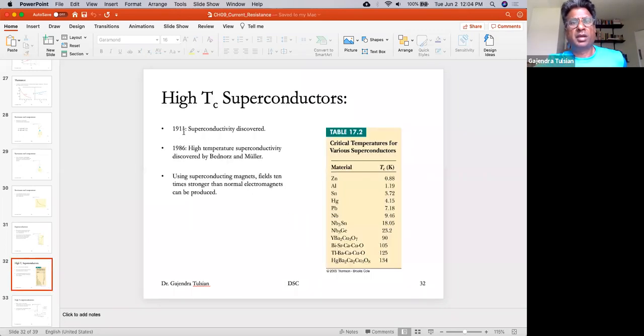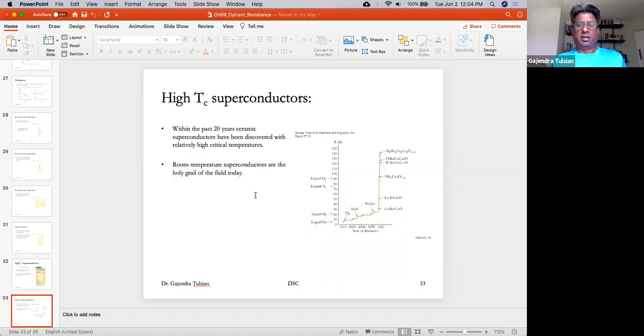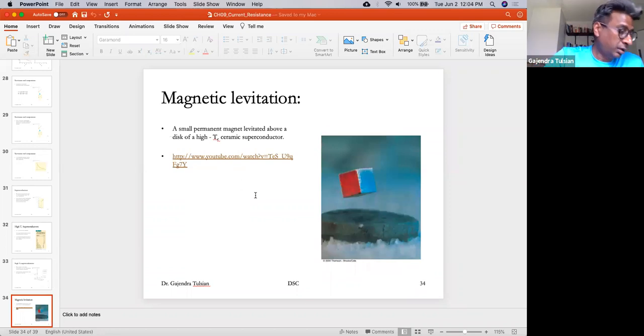So in 1911, superconductivity was discovered. In 1986, high temperature superconductors were discovered. Using superconducting magnets, fields 10 times stronger than normal electromagnets can be produced. And that's their use.